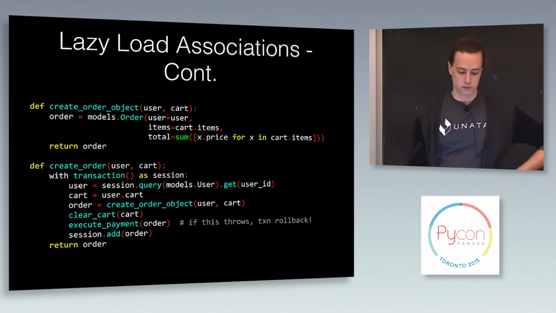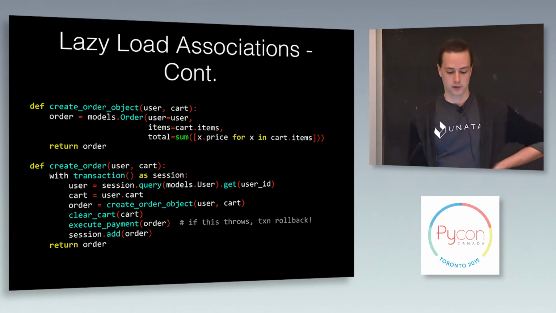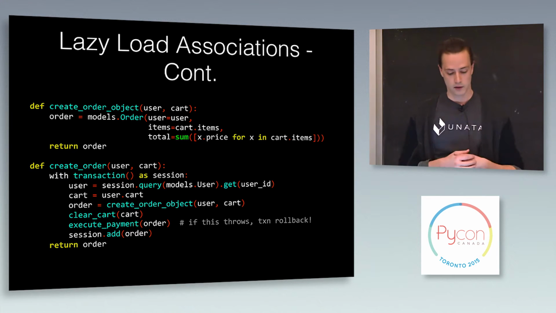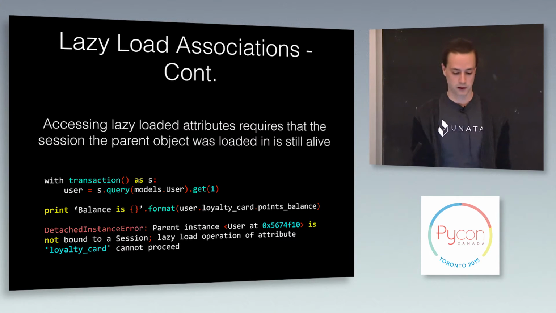You can basically set up a relationship on, for example, a user, and the user has one loyalty card, and it's sort of a many-to-one scenario. But I think this can be pretty confusing because you get into dangerous situations where you open up a transaction, you want to fetch this user, but you don't want to keep your transaction open forever, but you want to do something with it.